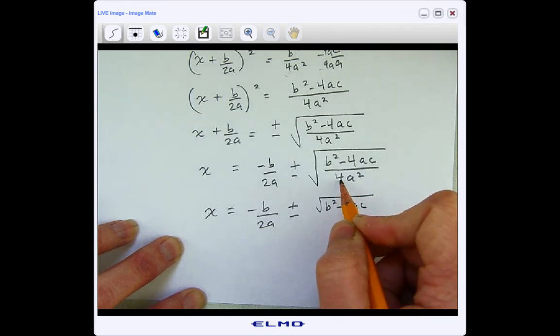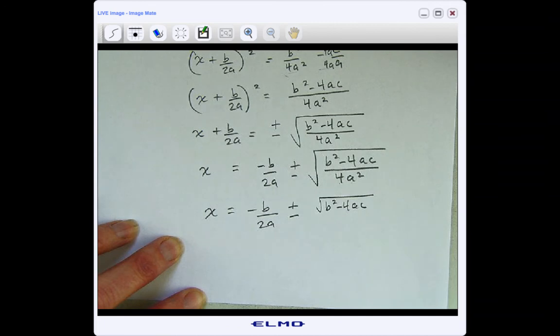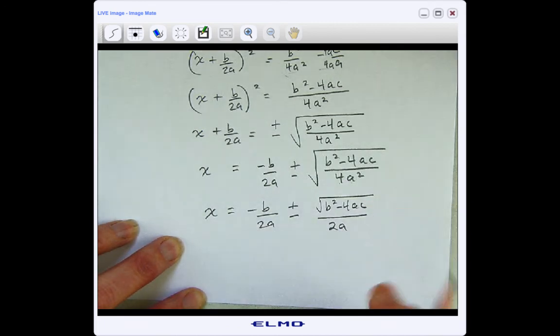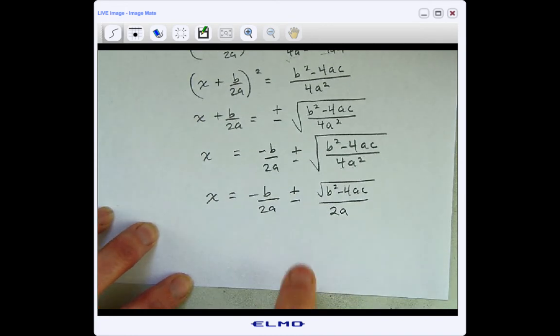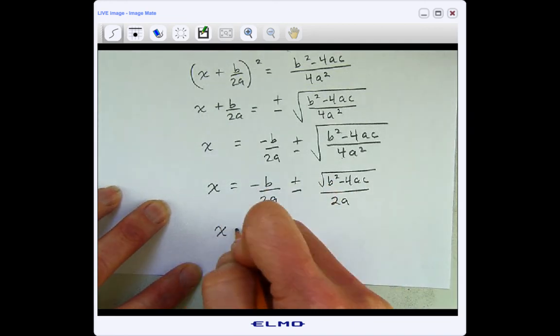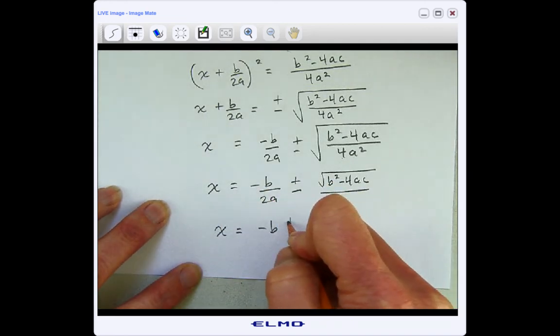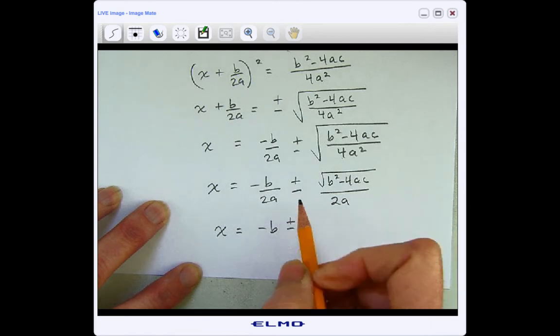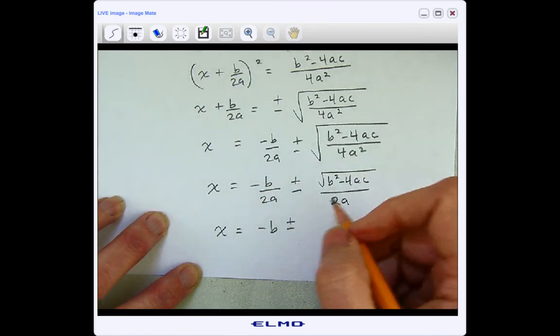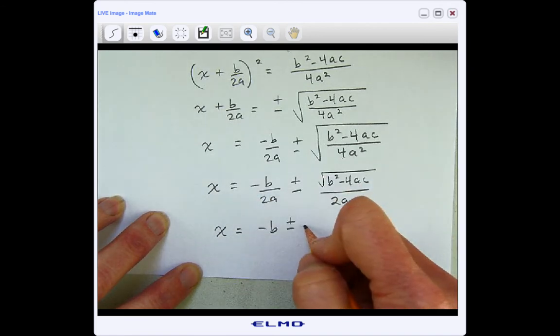And what is the square root of 4a squared? What times what equals 4a squared? 2a. Now notice the denominator is the same. So now I can add these fractions and condense it a little bit more. So I get x equals negative b plus or minus. If I was combining fractions, I keep the denominator the same, and then I combine the numerators.